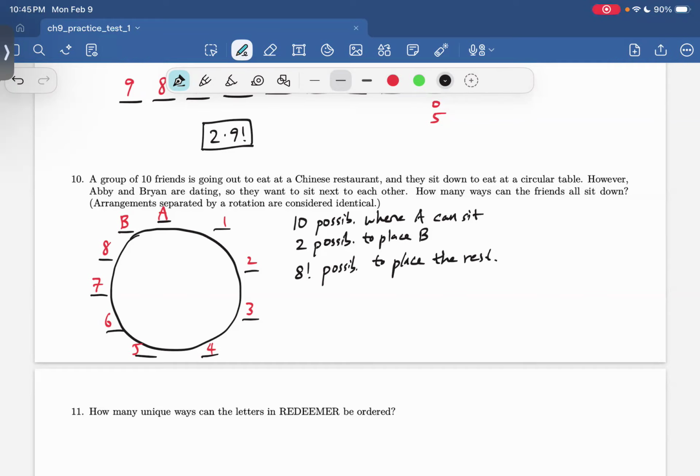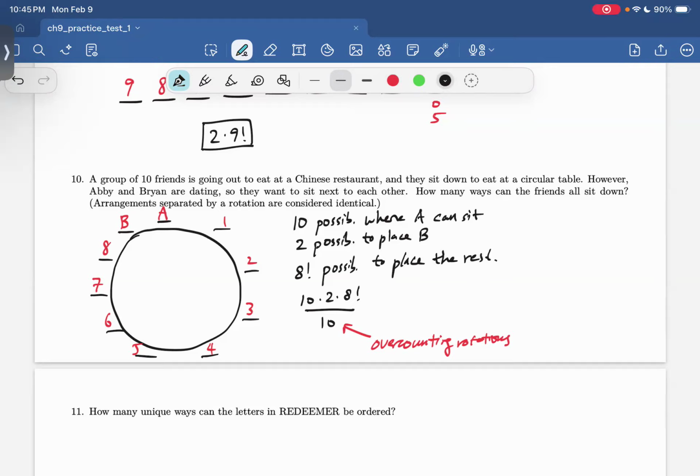So in total, I'm going to have 10 times 2 times 8 factorial divided by 10. The reason I'm dividing by 10 is because I'm overcounting rotations. Okay.